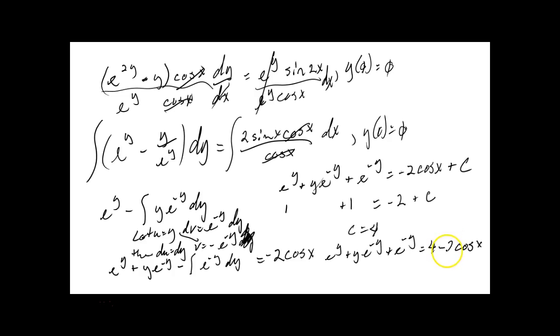I don't know why the 2 didn't write completely, but there it is. Okay, there is your solution for this boundary value problem, which does have one fixed value, and that is the curve that describes that.